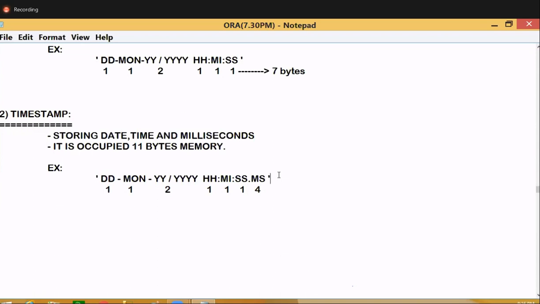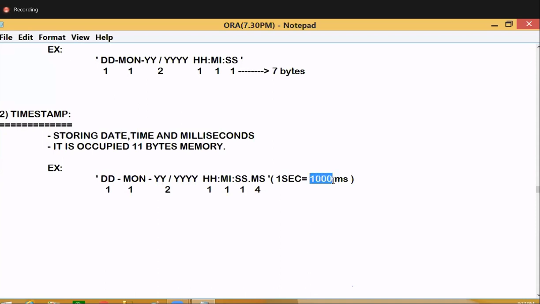Why will milliseconds occupy 4 bytes? Simple reason: 1 second is equal to 1000 milliseconds. Yes or no? Here, how many digits does that have? 1, 2, 3, 4, so 4 digits.